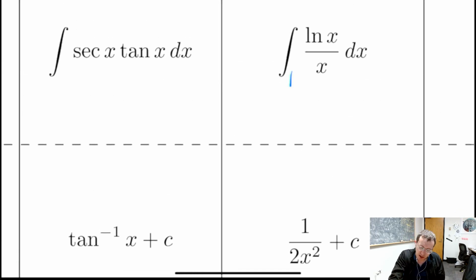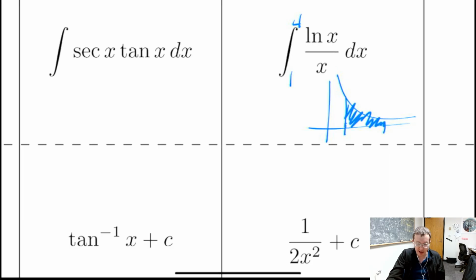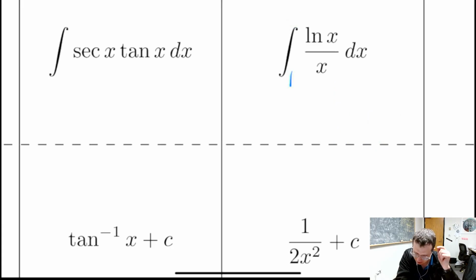When you have a definite integral, this is representing the area between 1 and 4. That area is just one fixed number. There's just one number that is the answer. If you write a plus c on a definite integral, you're saying that this area could be literally any number, but that's not true. It is one particular number. Okay, so put the plus c.